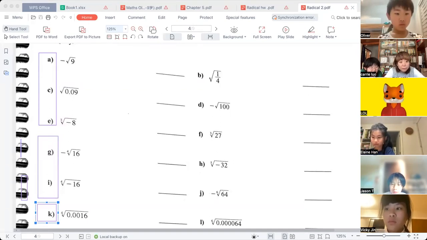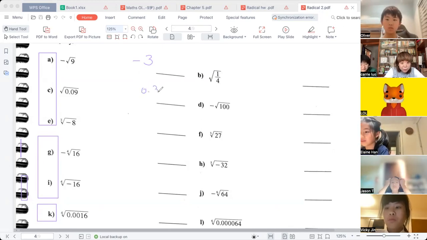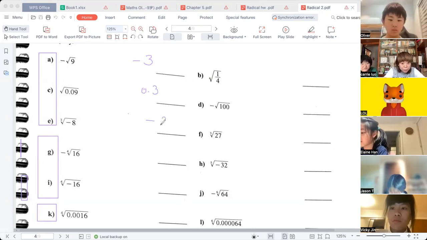OK，我来报答案啊。我有的时候也是瞎做的，我跟你们讲，所以你们要监视我，OK？First question, negative 3. Correct. 0.3, correct.